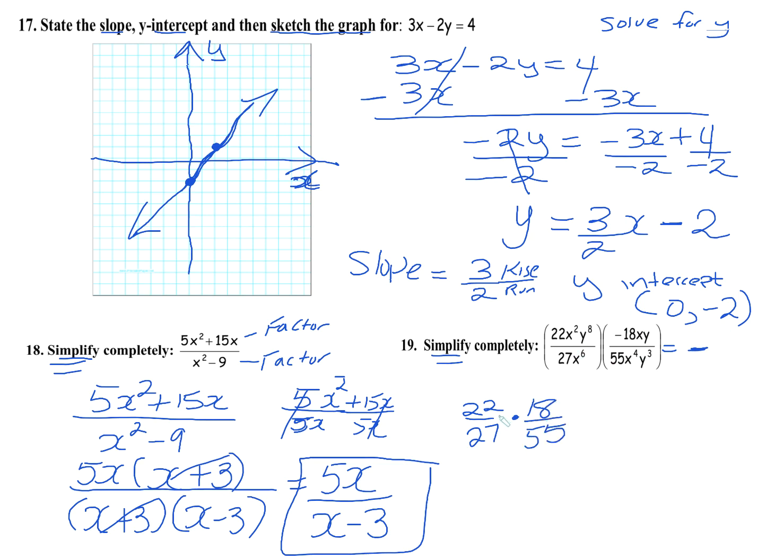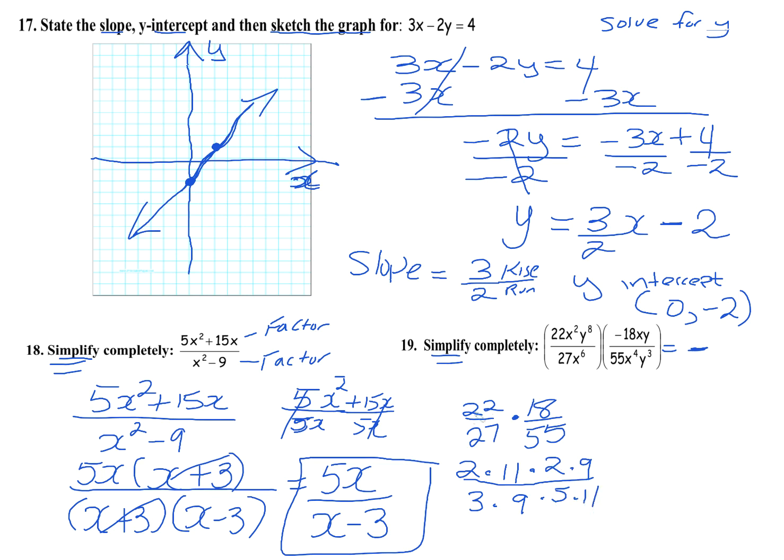Now, when you're multiplying fractions, students like to multiply straight across. You can do that if you want to. But if you do, be warned, your numbers will be really big and you're going to have to simplify. Like, what are the factors of 22? To get 22, that's 2 times 11, to get 18 is 2 times 9, 27 is 3 times 9, and 55 is 5 times 11.